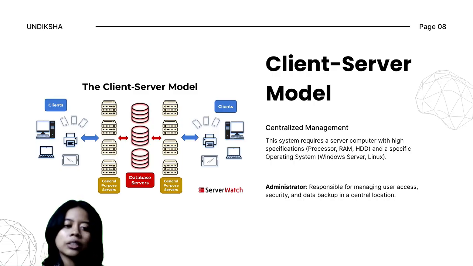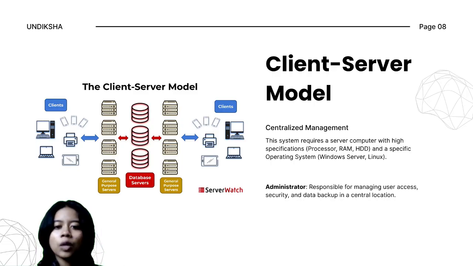This architecture is built on a strict operational hierarchy characterized by centralized management. In this ecosystem, standard user workstations, known as clients, must route all their requests through a centralized high-specification server computer.